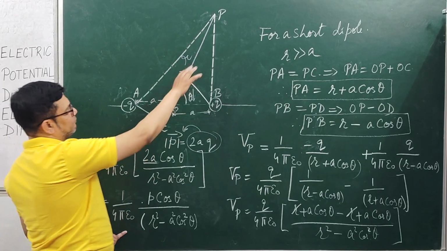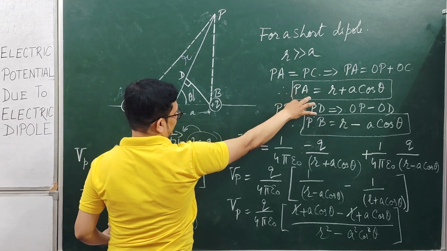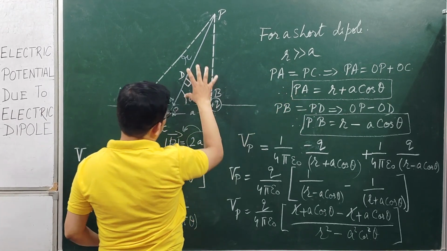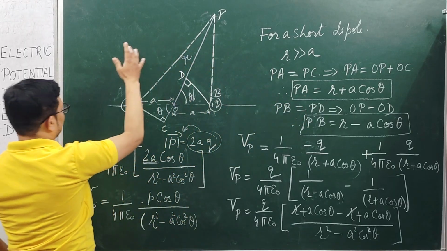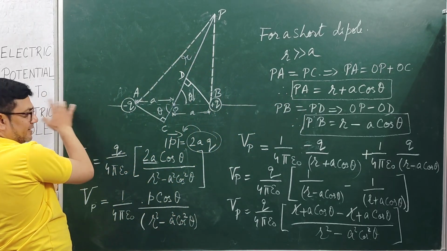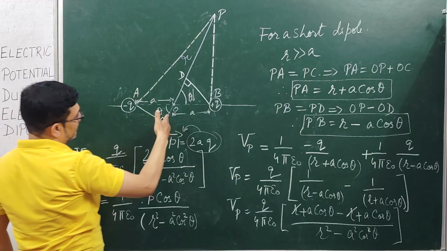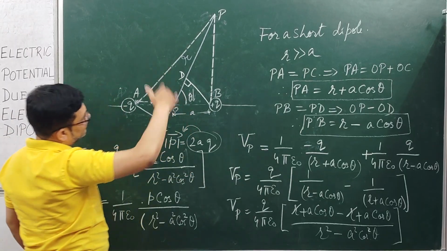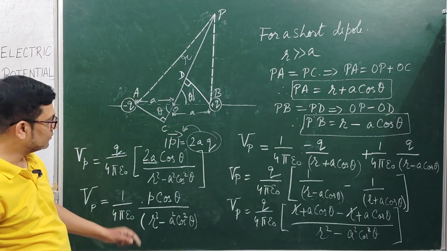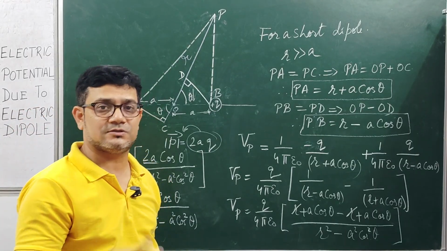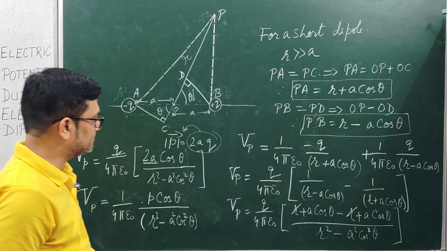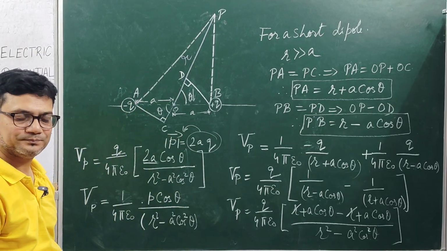We'll take this P to any arbitrary point here, R, with the same R, we'll take somewhere on the axis, and here we'll again take on this negative axis, and then we'll find if it is on the perpendicular equatorial, what's going to be. So with this general equation, we can derive the results for the three situations. So take down these steps, and then we'll move forward.